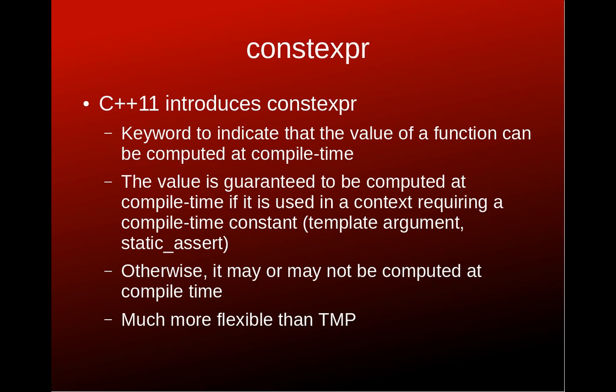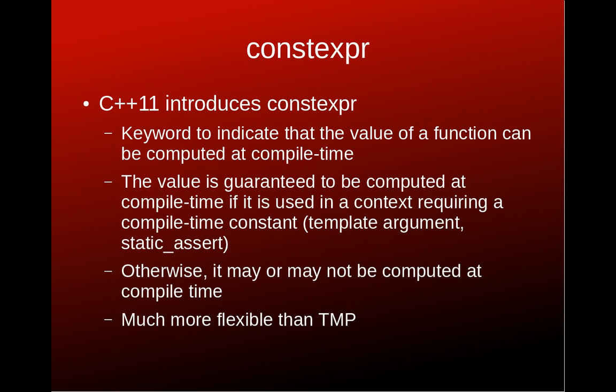Template metacode is not like that. It's kind of like a different language. But with Constexpr, you write one version of the function, and you can use it in contexts where it will be computed at compile time, or in contexts where it will be computed at runtime, and that's totally fine. One version of the function.